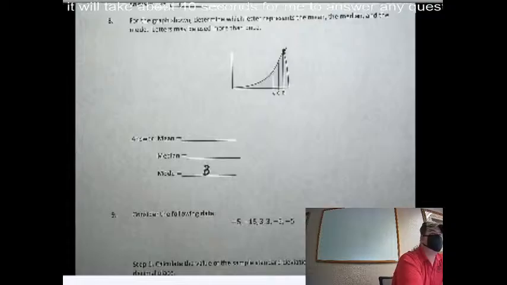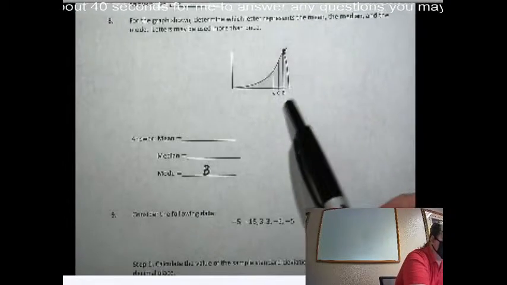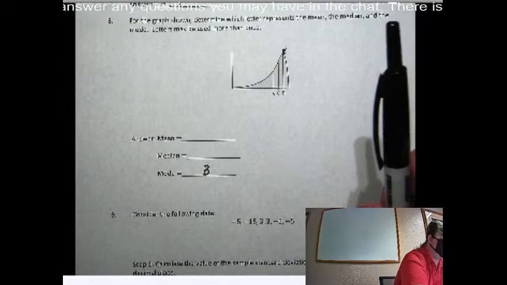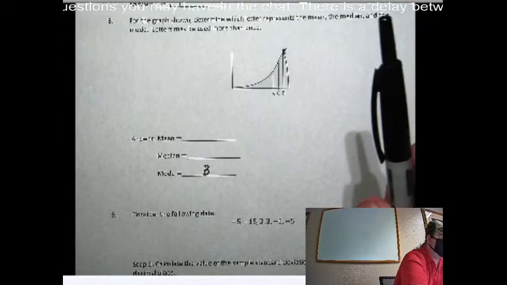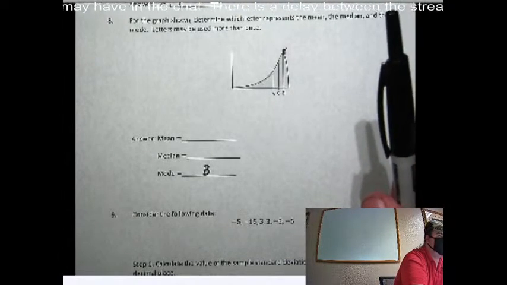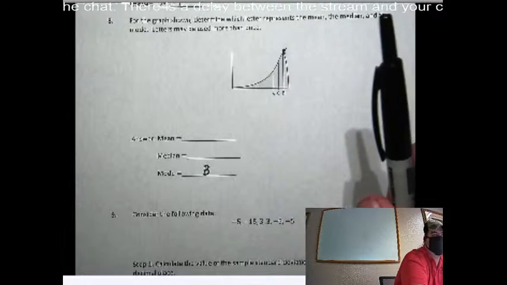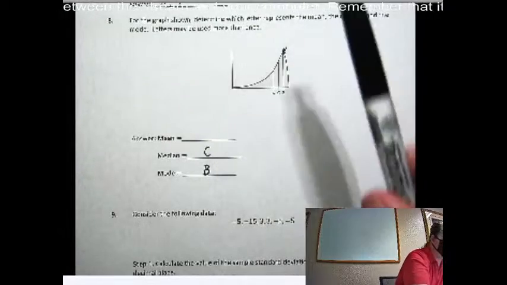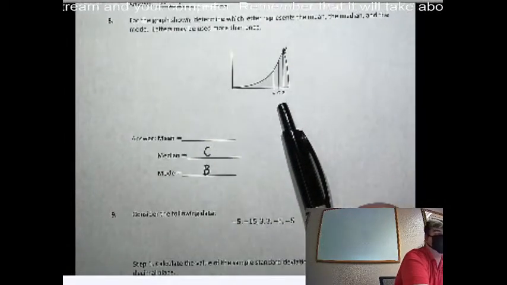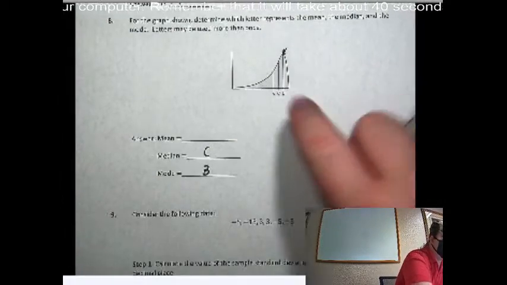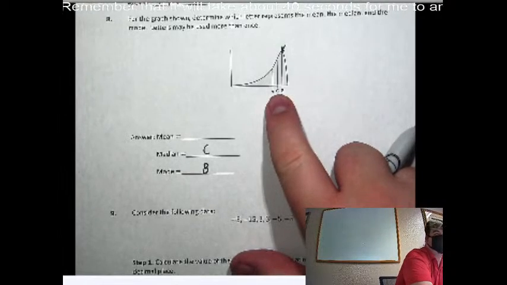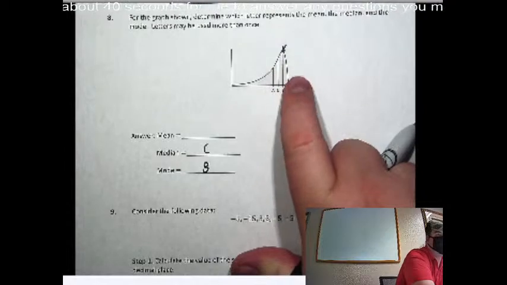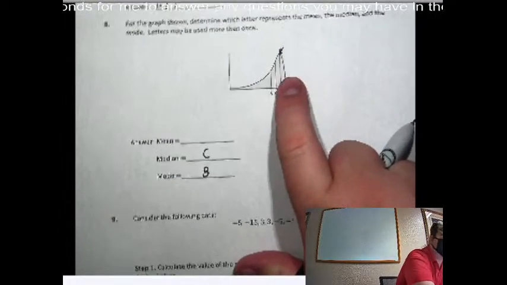Okay? Then if this is the mode, which one would have to be our median? Remember, median is the middle number. C. Essentially, if we were to look at these frequencies, this would be breaking the numbers in half. So half of our numbers would be represented on this side of our median, and half of our numbers would be represented on this side of the median.